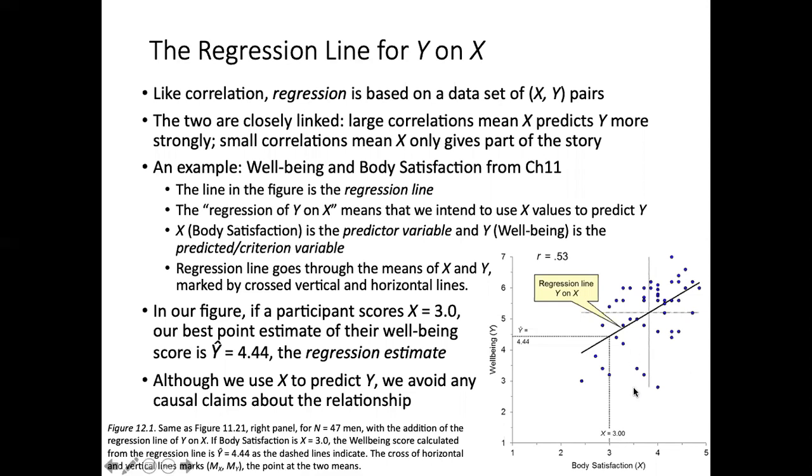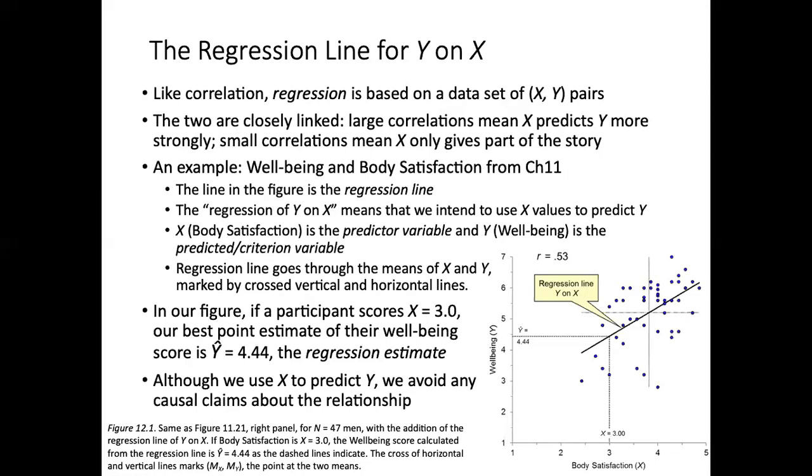So this is an example where we're looking at the relationship between body satisfaction and well-being. And this is where the data that you put on the X and Y axis gets really important. What you're trying to predict goes on the y-axis, and what you're using to predict it goes on the x-axis. So in this example, we're using body satisfaction to predict someone's well-being.